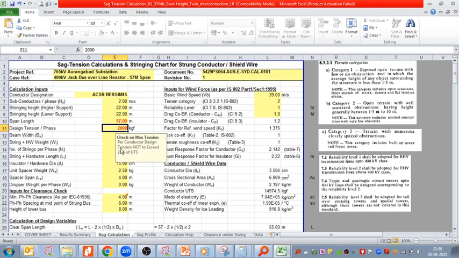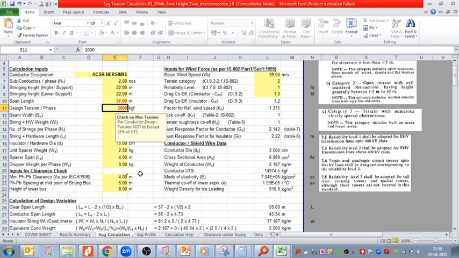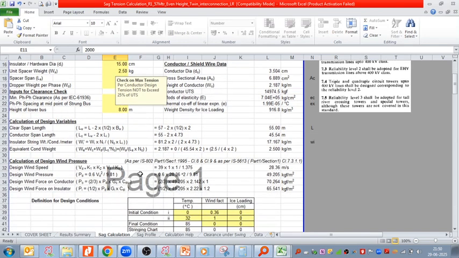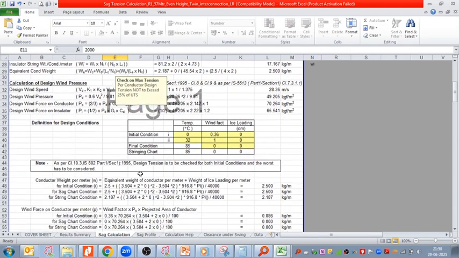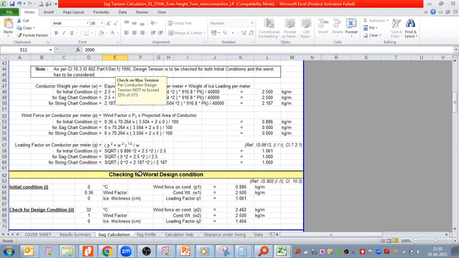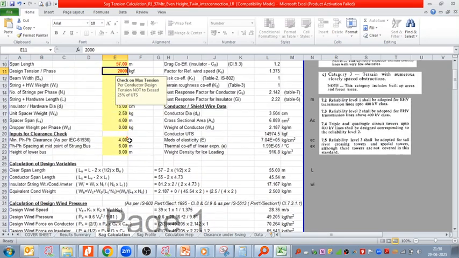In the sag tension, I have considered one conductor static tension, which is 2000 kg. First I have taken one static tension, and then on different temperatures I calculate the tension and the corresponding sag, temperature-wise. I have one static tension.